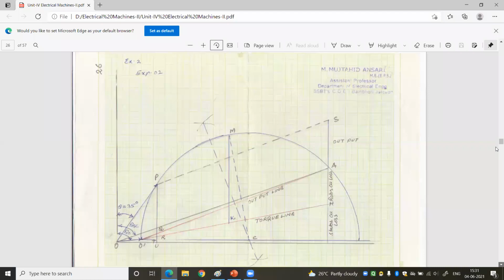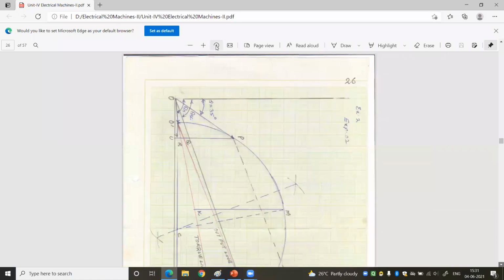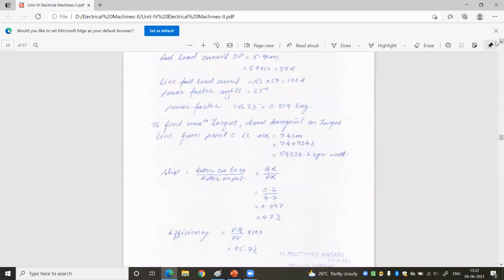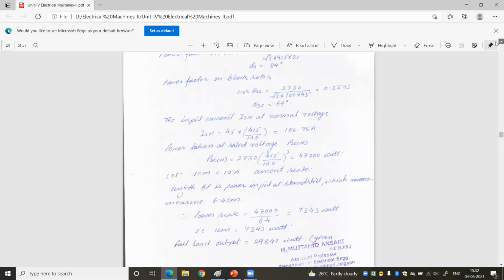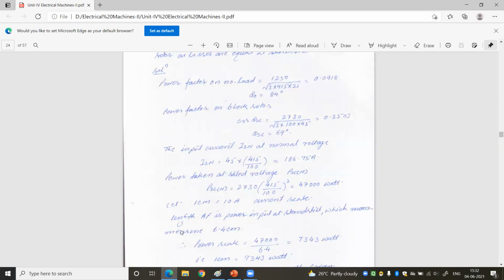Now, as the motor output is given, the length AB, say this point is B and this point is H. The power scale is the total power at normal voltage divided by the length AB. Power output of the motor is given.